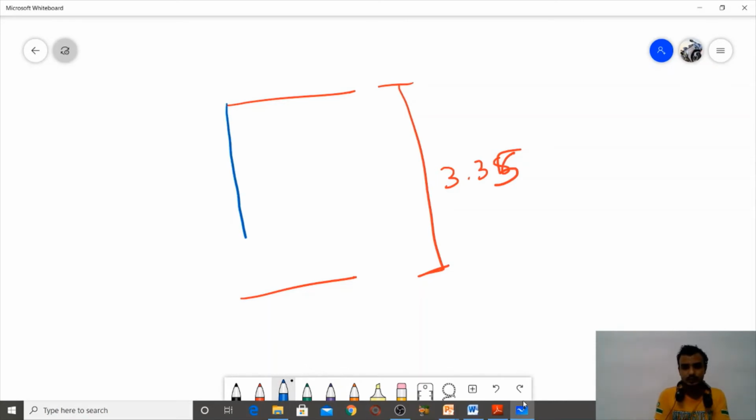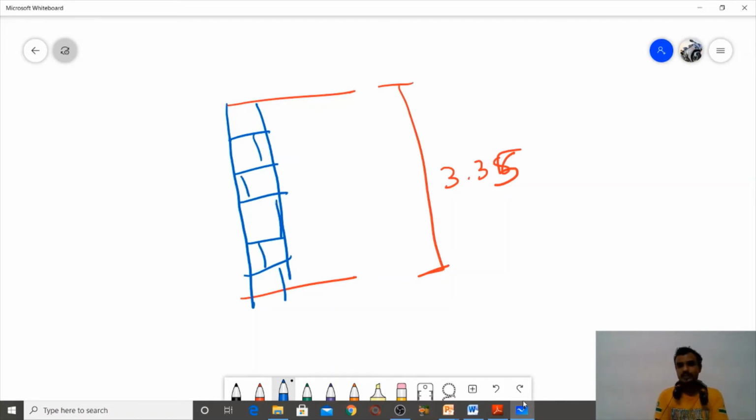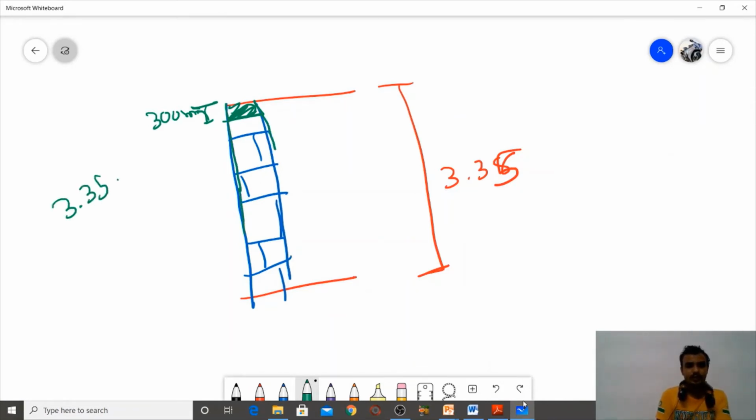And here you can see there is a wall. But above the wall we have a beam whose thickness is 300 mm. So the actual wall height is 3.35 minus 0.3.